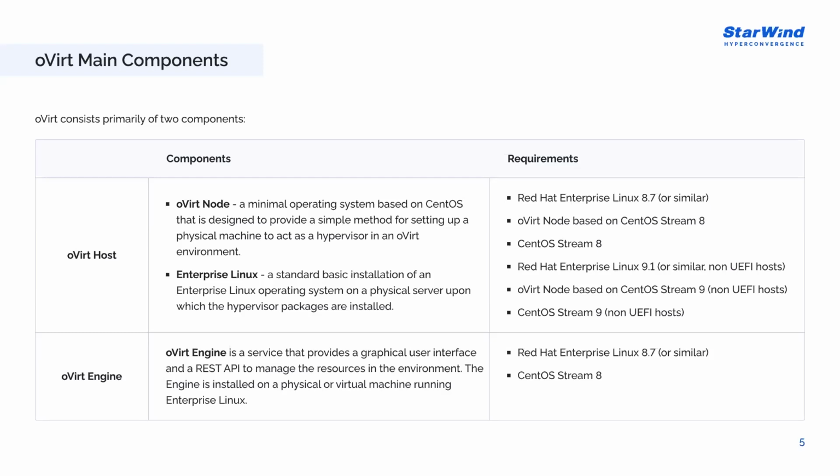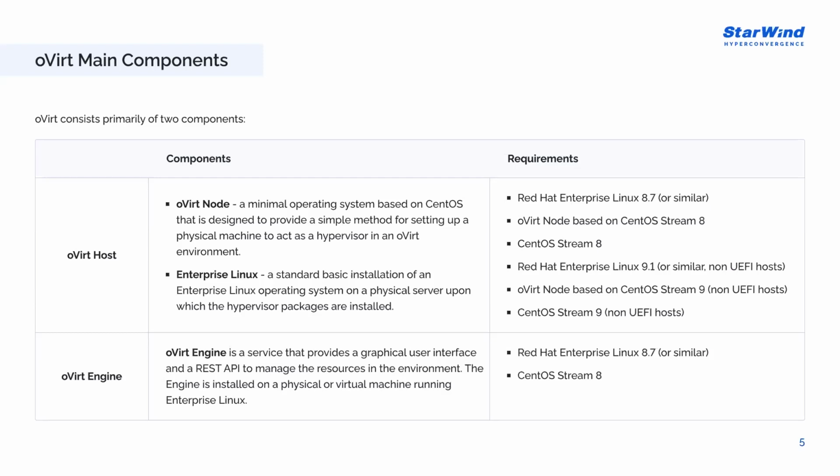Now, again, it can be deployed on the oVirt Node or enterprise Linux. This can be a standalone machine, I mean, a separate machine with oVirt engine, or it can be like the vCenter appliance, meaning the self-hosted oVirt engine, which will basically run as a VM on one of the oVirt hosts.